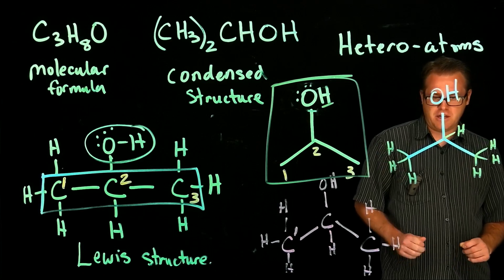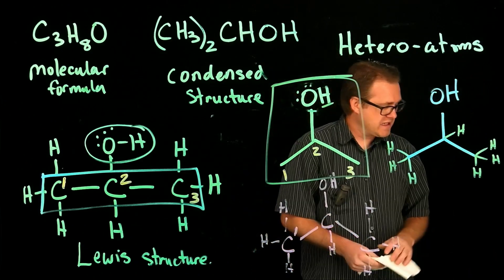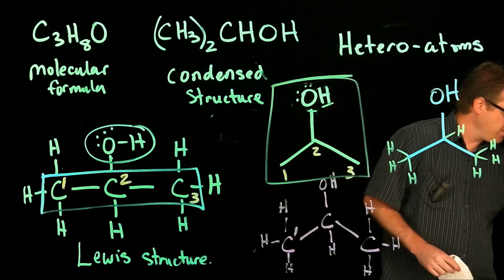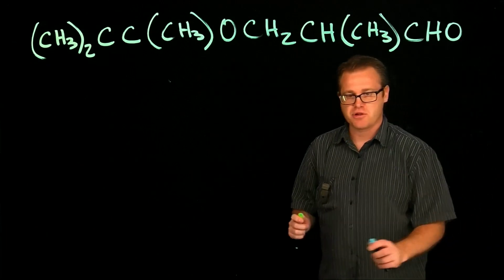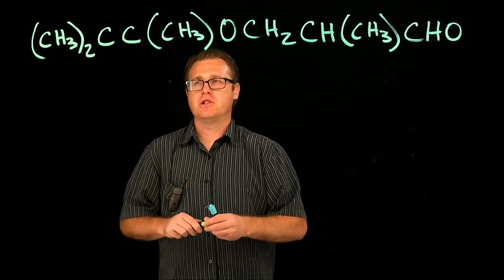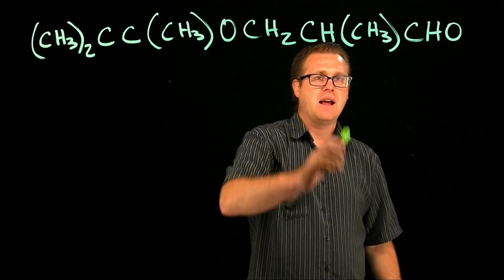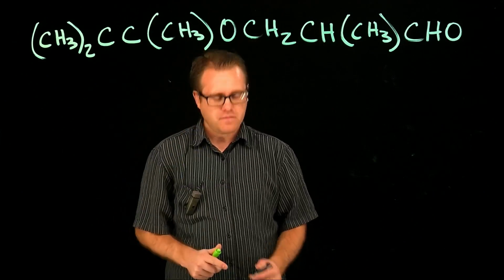Now let's look at another example here on what I expect you guys to know. What we have here is a condensed structure of a molecule, and I want you to be able to look at that condensed structure and convert that into a zigzag structure.